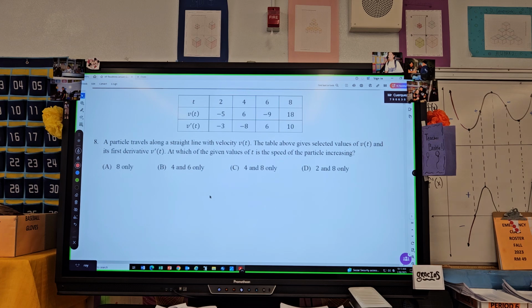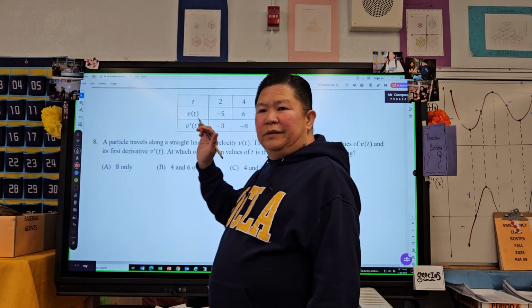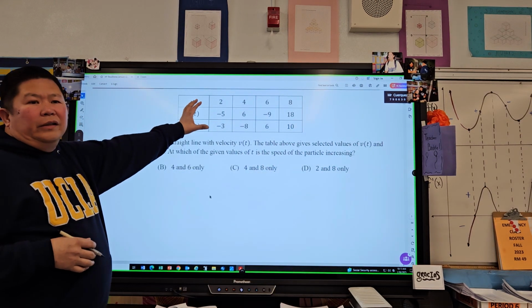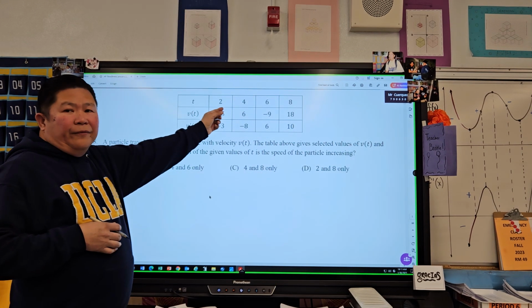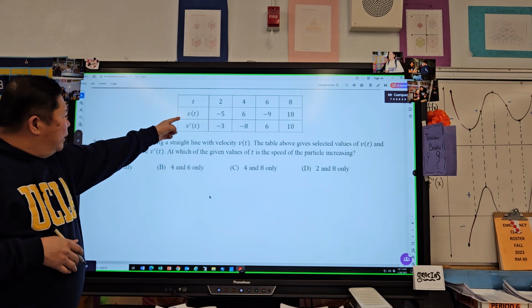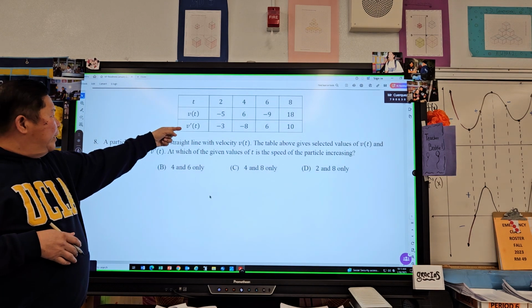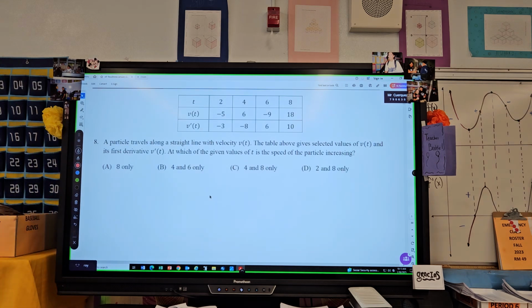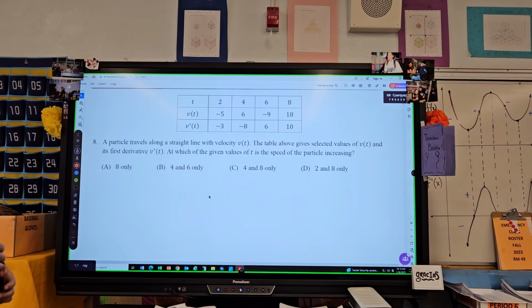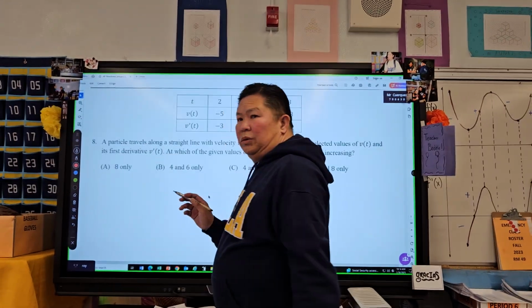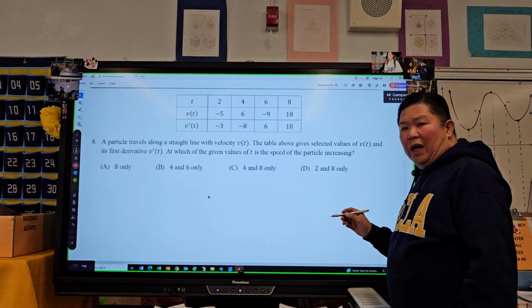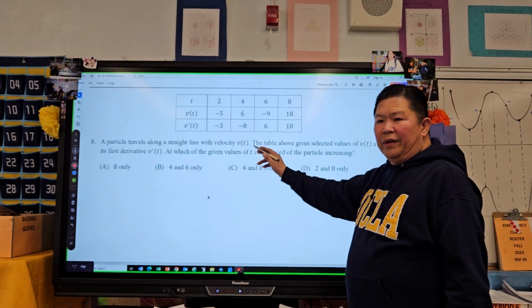So, next problem, guys. We have a table right here. Time from 2 to 8, and then this is velocity, and then acceleration. V prime of t is acceleration, right? Now, a particle travels along a straight line with velocity v of t.